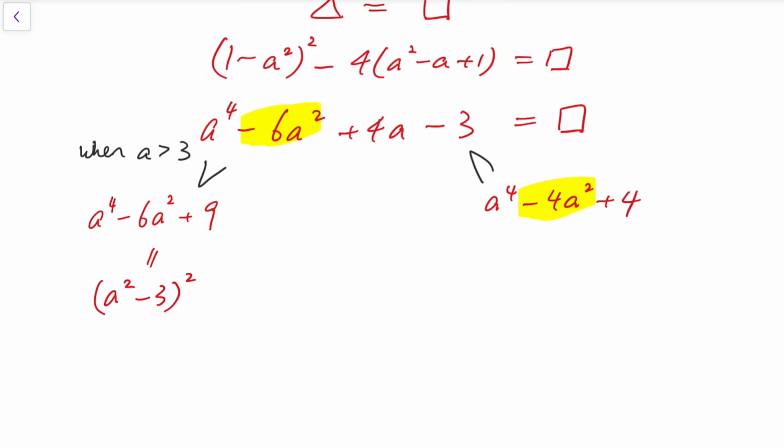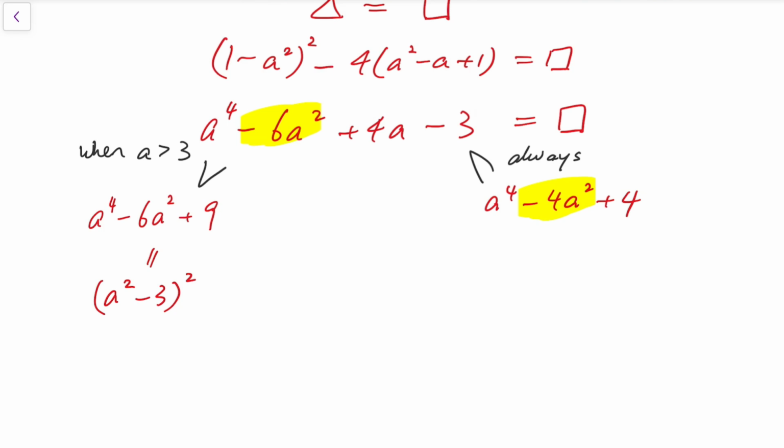So this minus 6a squared term would make the quartic always smaller than the expression that contains minus 4a squared. So for this, it always happens.